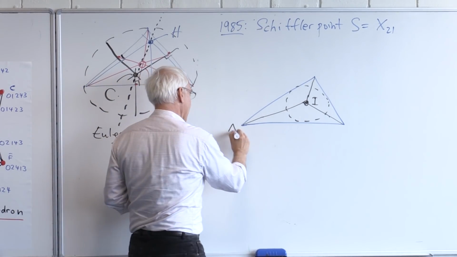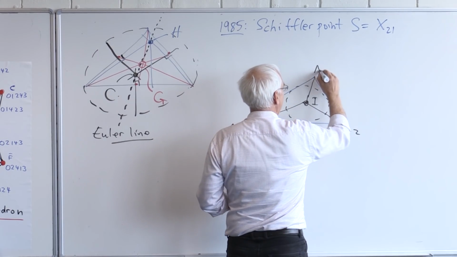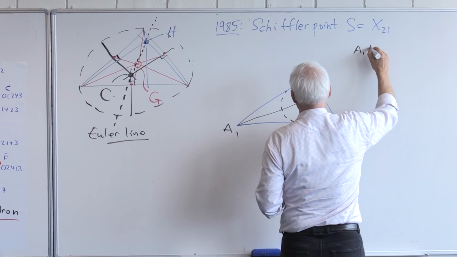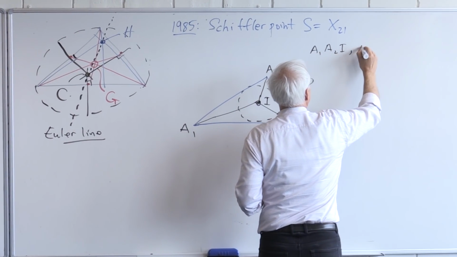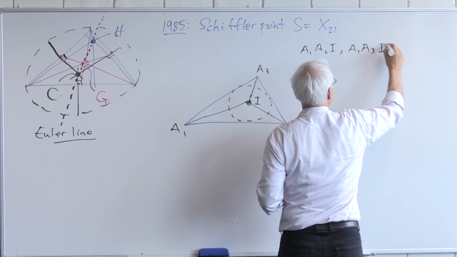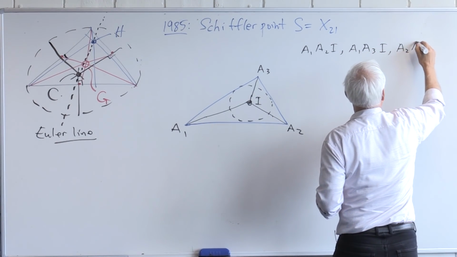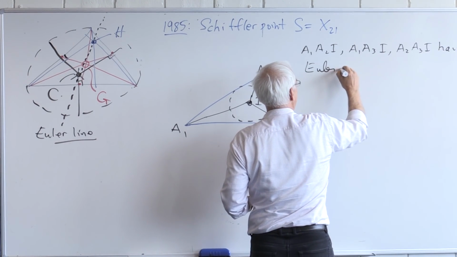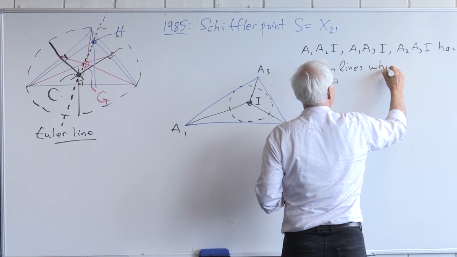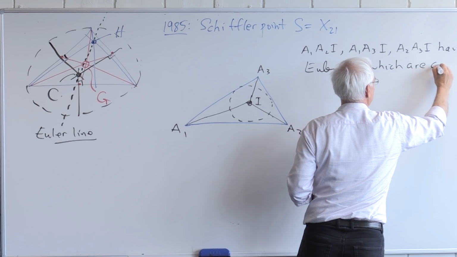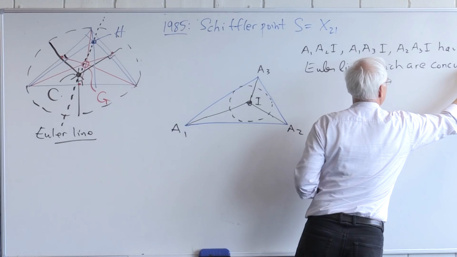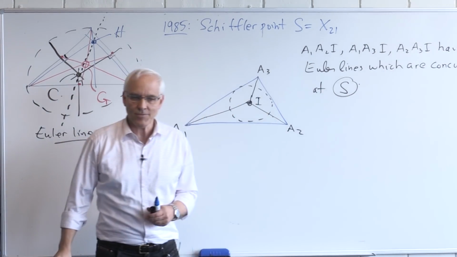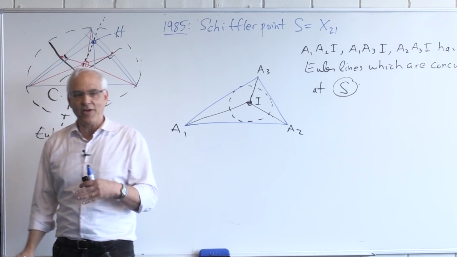And let's say the triangle is A1, A2, A3. Then he discovered that the triangles A1 A2 I, A1 A3 I, and A2 A3 I have Euler lines which are concurrent, namely at S. So each of these individual triangles has an Euler line.